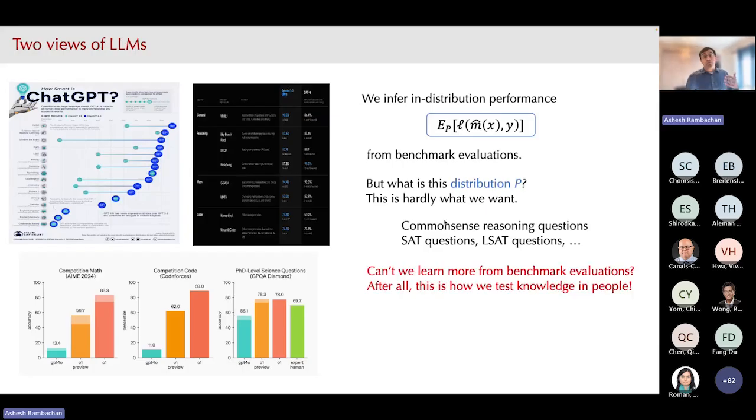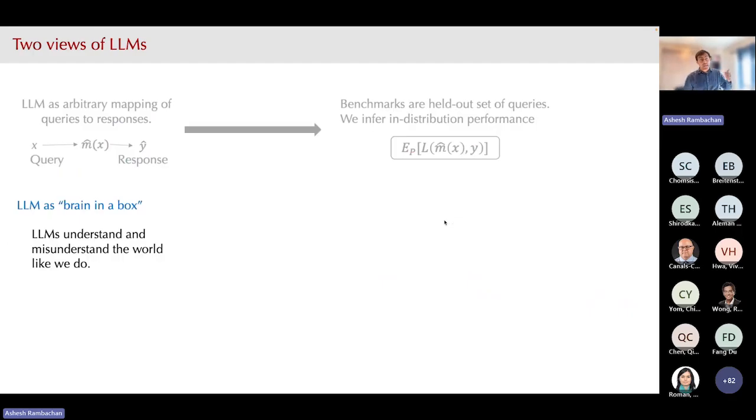Perhaps we might be able to learn more from benchmarks by thinking about large language models in another way. In particular, I think a lot of the excitement surrounding AI today is that as large language models perform better on these benchmarks, we believe they're going to perform better, because after all, this is how we evaluate knowledge in people. So what I next want to do is introduce this second view of large language models, and again connect this back to standard benchmark evaluations in computer science.